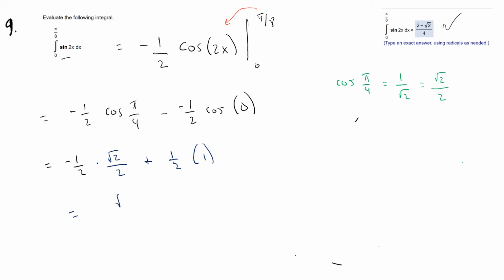And so we have negative square root 2 over 4 plus 1/2, which I guess I could write as 2 over 4. And my negative here doesn't really show up, okay? And so we could now write this as just one quotient, and I'll put the 2 first since it's positive. So we have 2 minus square root 2 over 4.